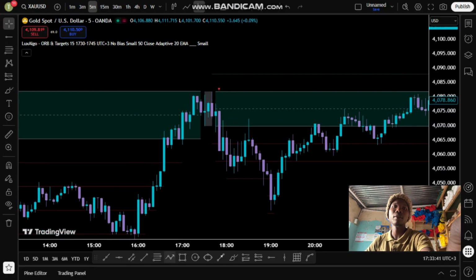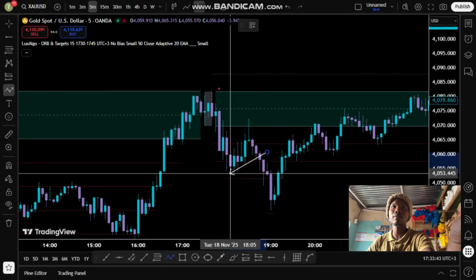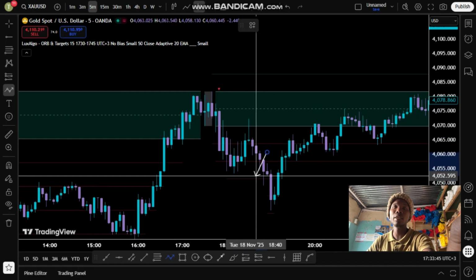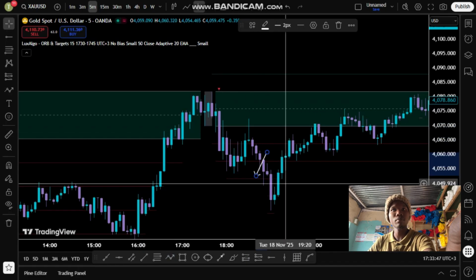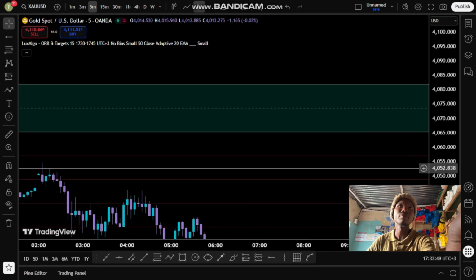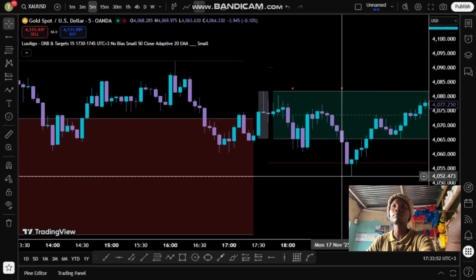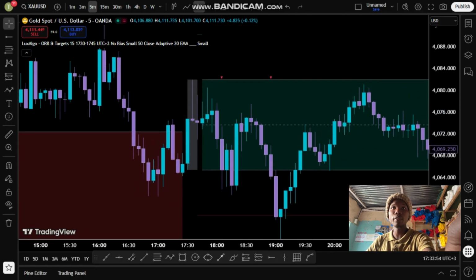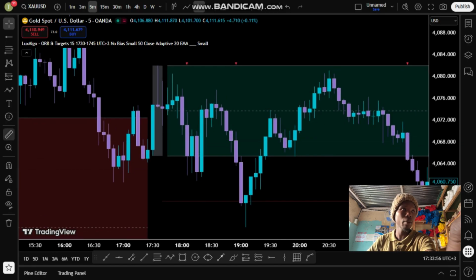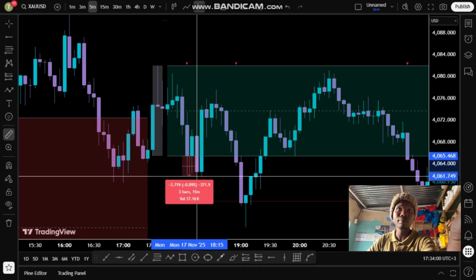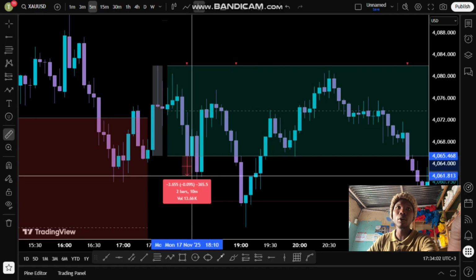Guys, here you would have capitalized just on this move. You see, when price broke the range, sell off. When price broke the range, guys, I'm telling you, if you're a good scalper, just this candle here would have given you like 10 points or something.